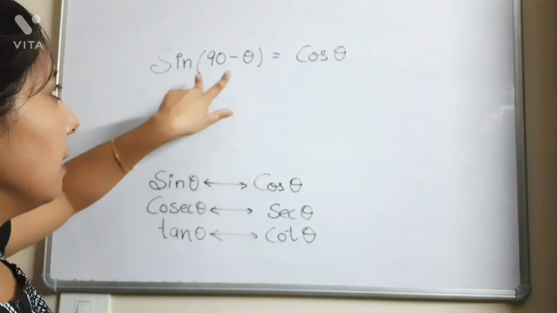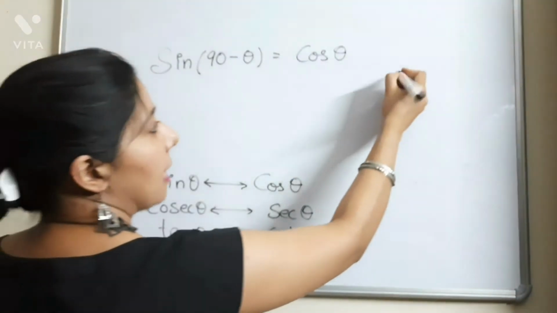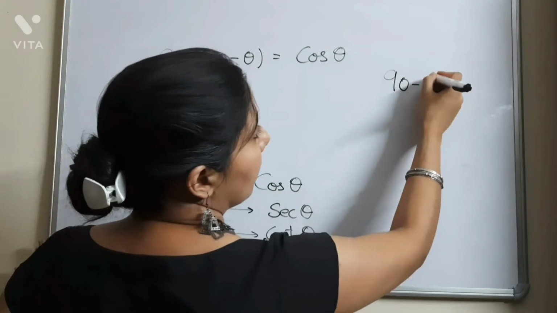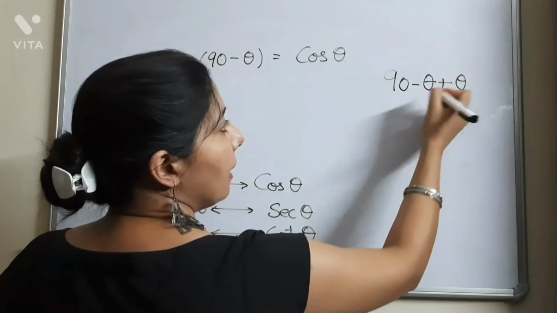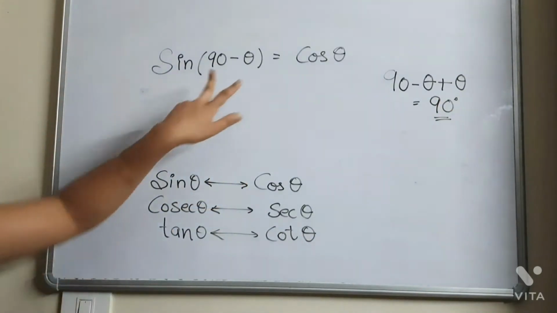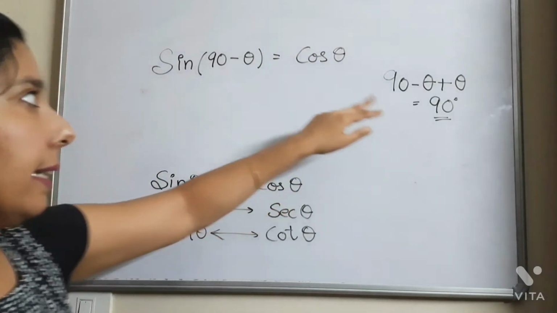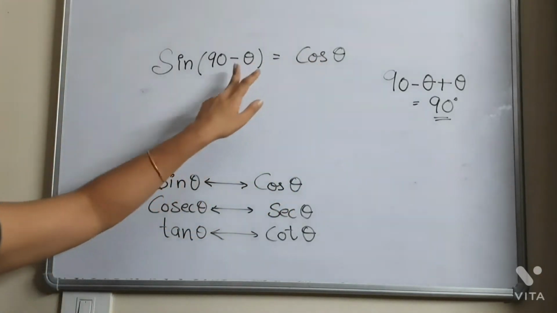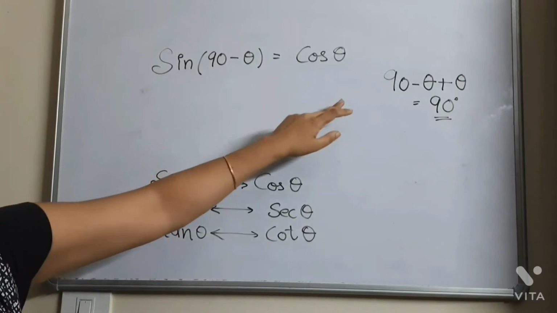It means that if we add both angles, the angle of sin, that is 90 minus theta, and the angle of cos, that is theta, on adding these two angles it gives you 90. It means the angles of both of these trigonometric ratios give you 90. These both angles are complementary angles.